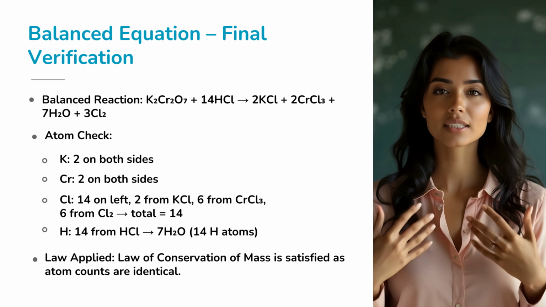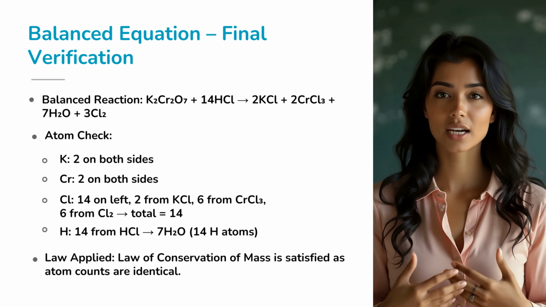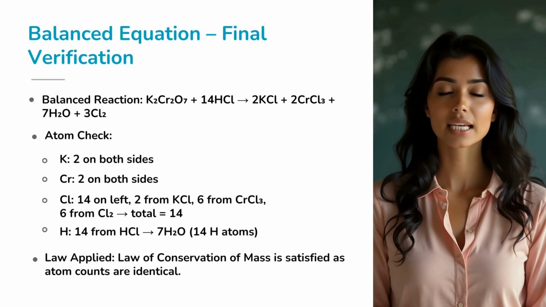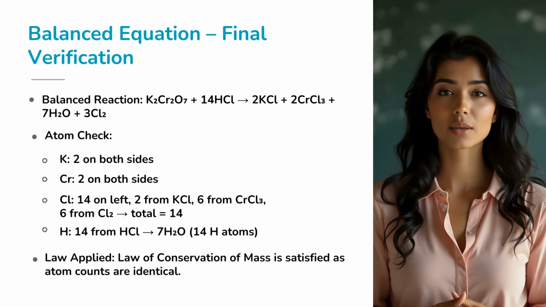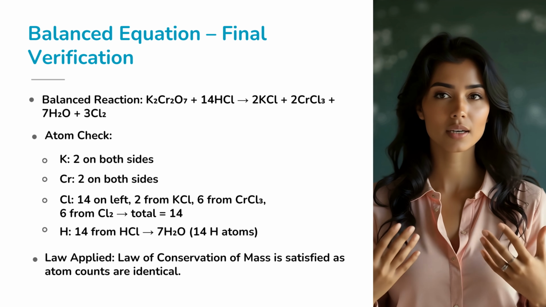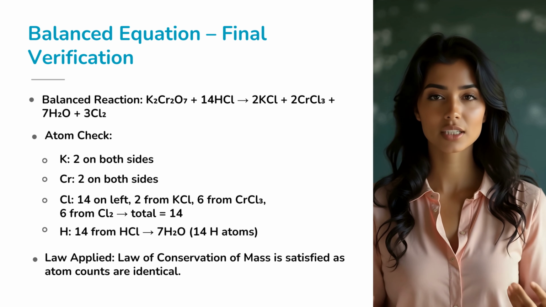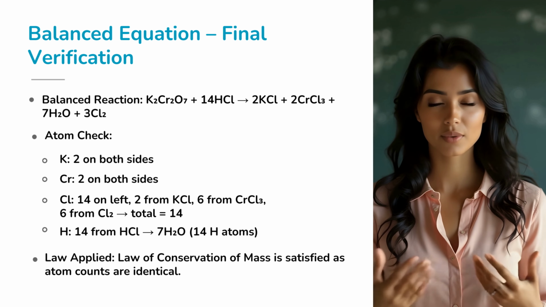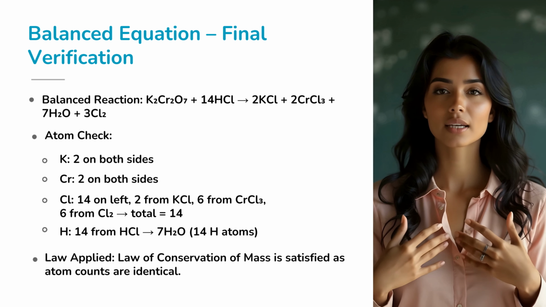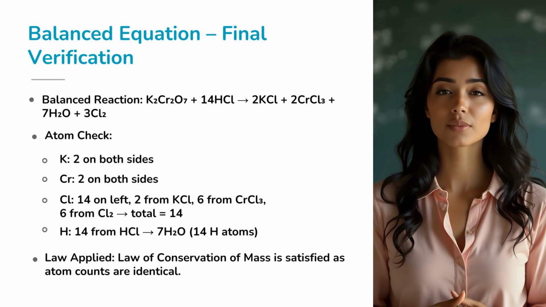Step 3. Hydrogen atoms. 7 H2O contains 14 hydrogen atoms. That means we must have 14 HCl molecules on the left to supply the hydrogen. Step 4. Chlorine atoms. 14 HCl gives 14 chlorine atoms. On the right, 2 from KCl, 6 from 2 CrCl3 and 6 from 3 Cl2.